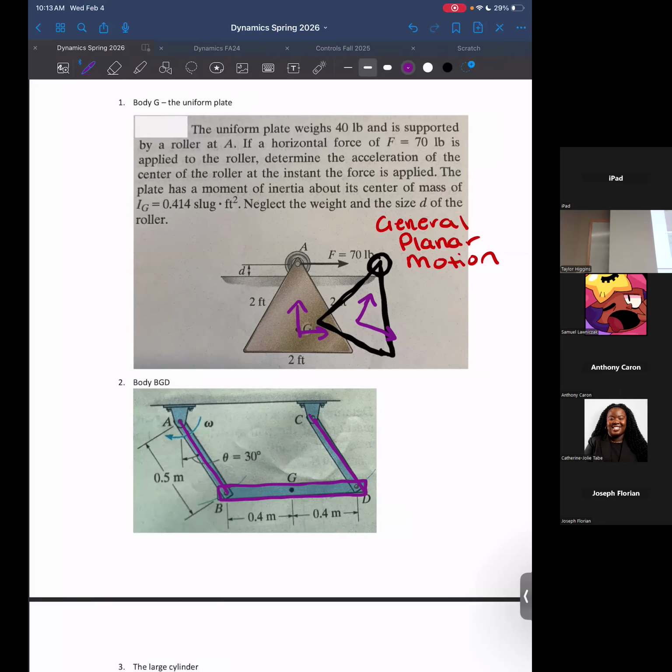So B and D are always going to be at the exact same height, which means this thing can only be translating. We could draw this at another point in time, maybe up higher. We drew a reference frame here and here, and we see that that frame has not rotated at all. It is only translated. So this is pure translation.